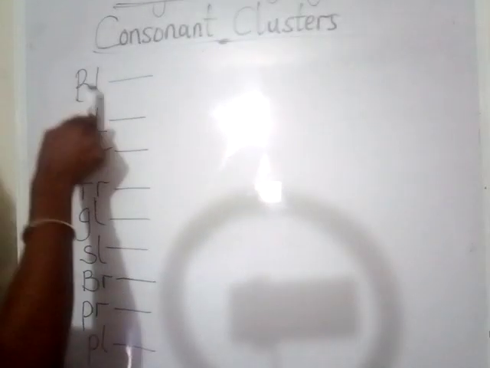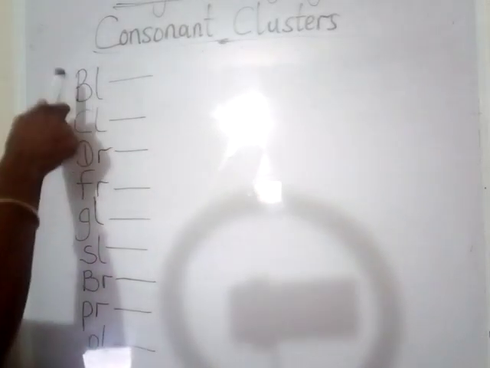Quickly I would like to mention that the fact that you can still hear the sound B and the sound L in consonant clusters is the main thing that makes consonant clusters different from digraphs. We will come to that in our next lesson. Digraphs could be a combination of vowels or a combination of consonants.